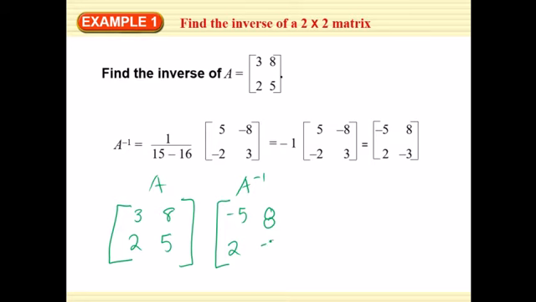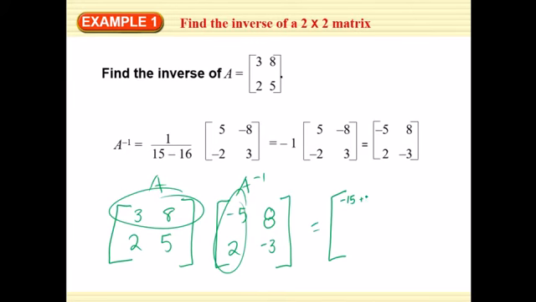So I'll scoop and pour. That gives me -15 plus 16, which looks good, that's going to be 1. Then I've got 3 times 8, that's 24, and that's -24, which gives me 0. So that's 1, and that's a 0.